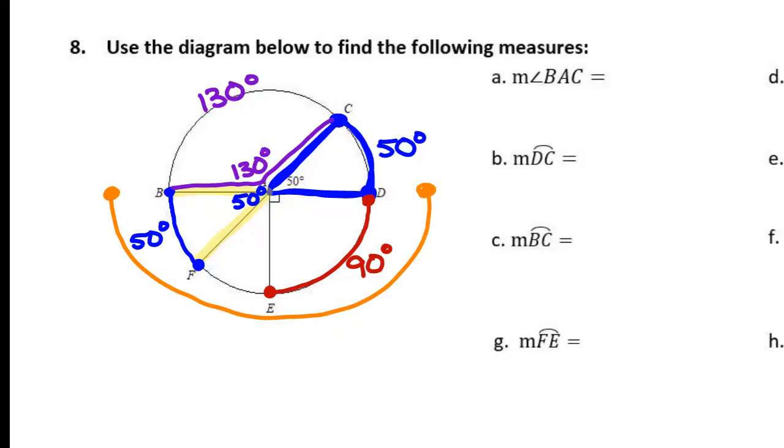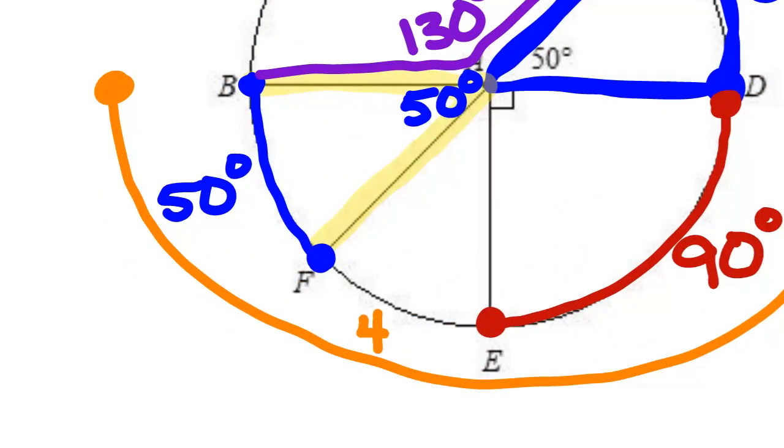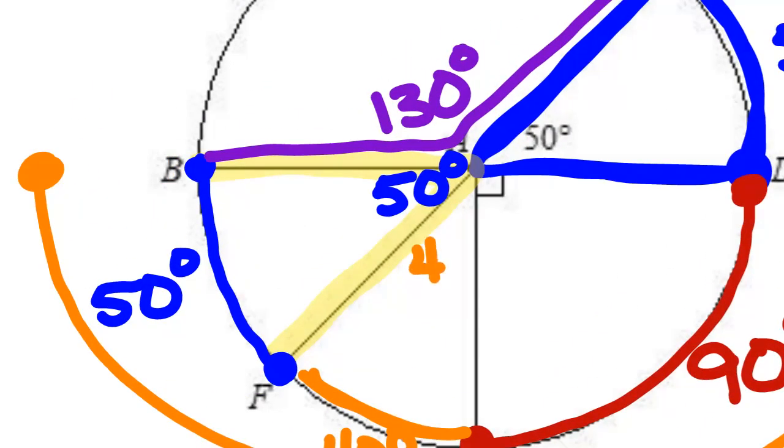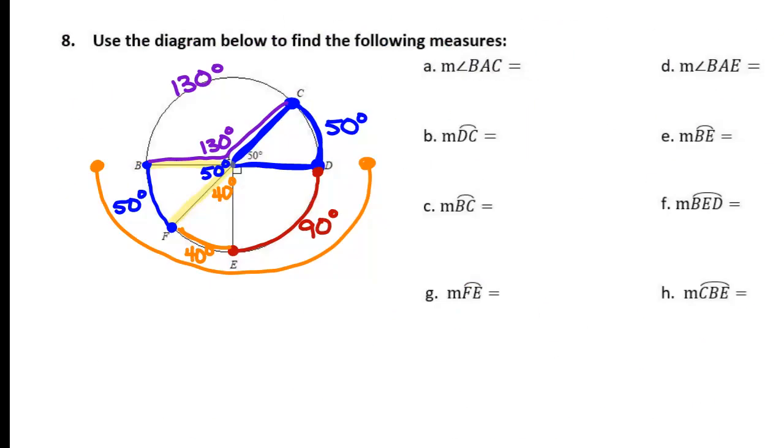How much is left over for this? 40, yes. 40 degrees here, which means a 40-degree angle here. So far, so good? Right, that's the first thing I do: I'm going to fill everything in on the circle that I possibly can. And then I'm going to come over and I'm going to answer the questions.